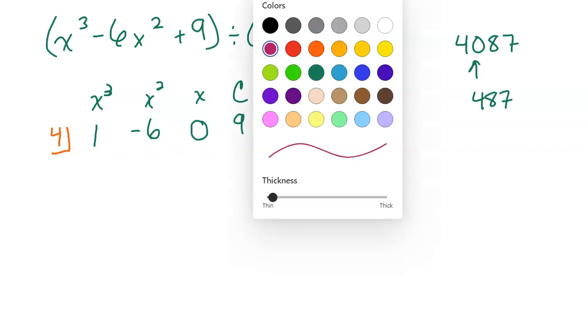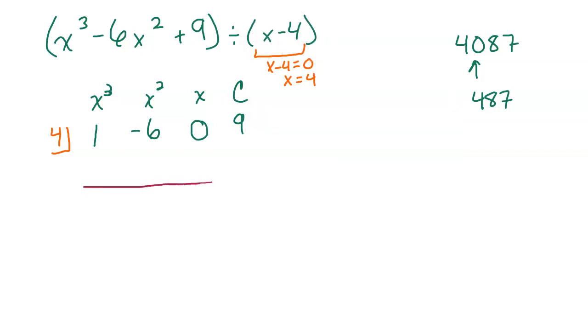Now we're going to do our division, and remember we're going to add our rows together, but remember we're going to multiply this bottom row by this constant of a 4 over here. So our first number is going to come straight down. 1 times 4 is a positive 4.